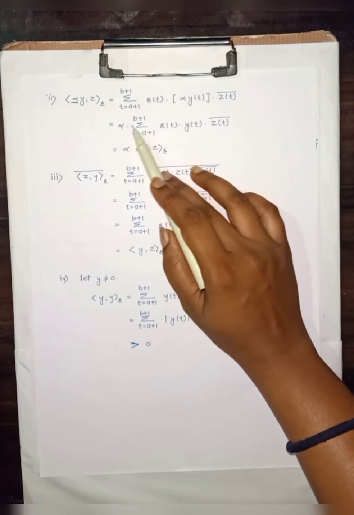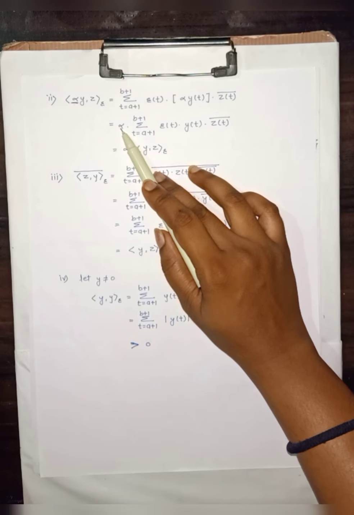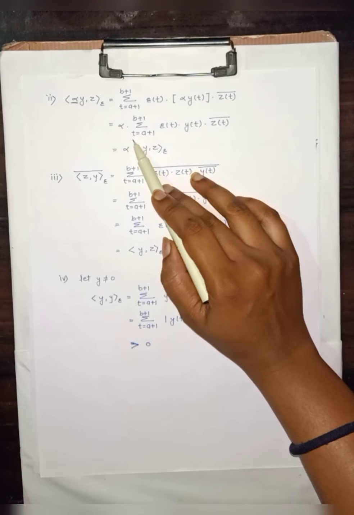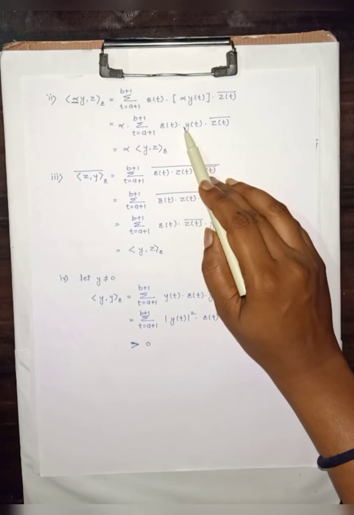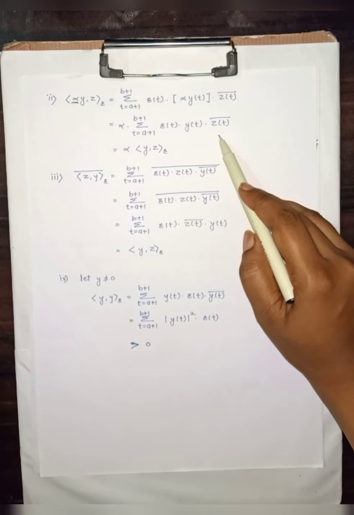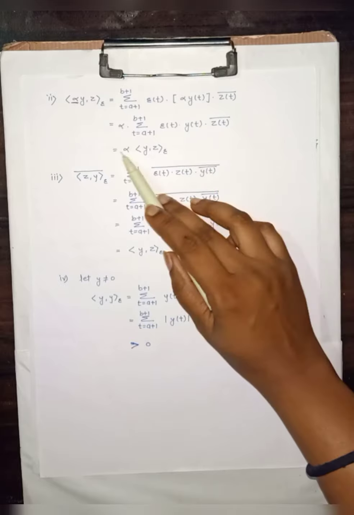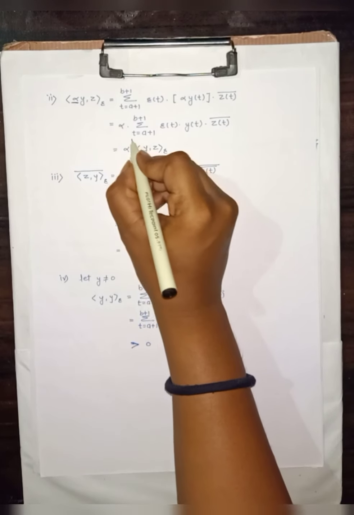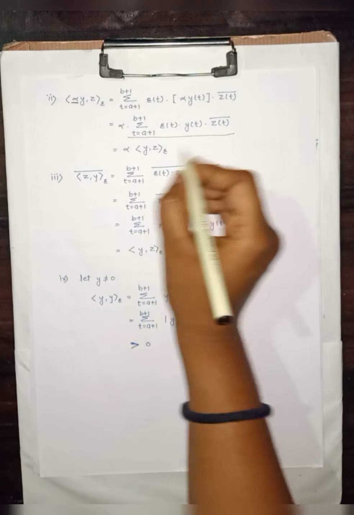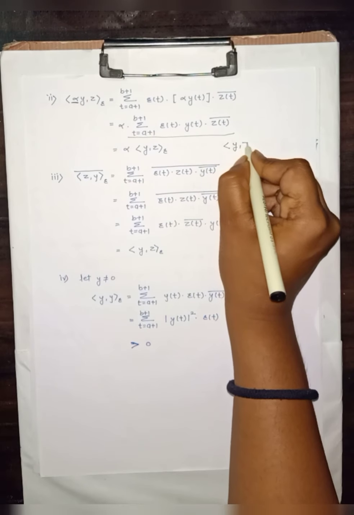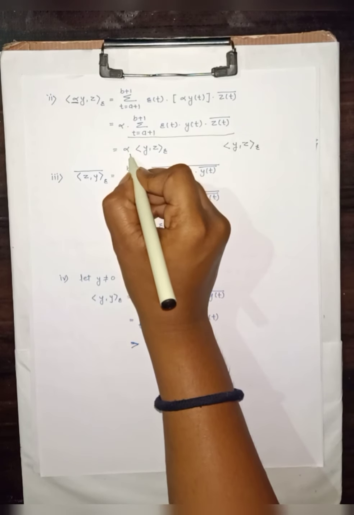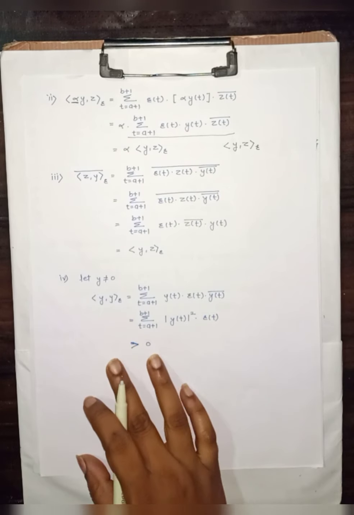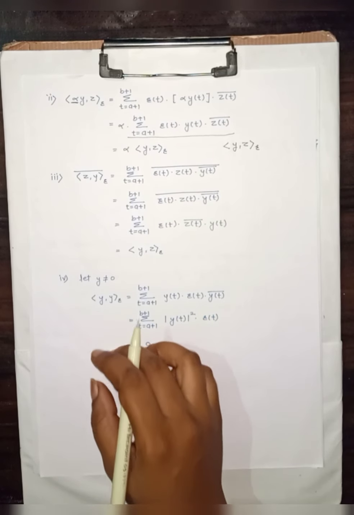We have taken the alpha out of the summation, alpha into summation from t equals a plus 1 to b plus 1 of r of t into y of t and this conjugate as it is. So therefore we can write this whole term as the inner product of y z with respect to weight function r, and this alpha as it is. Therefore the second property is proved.